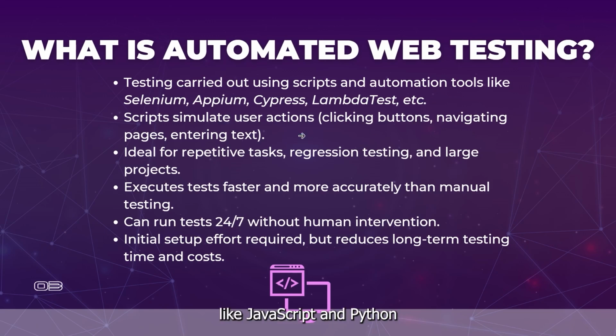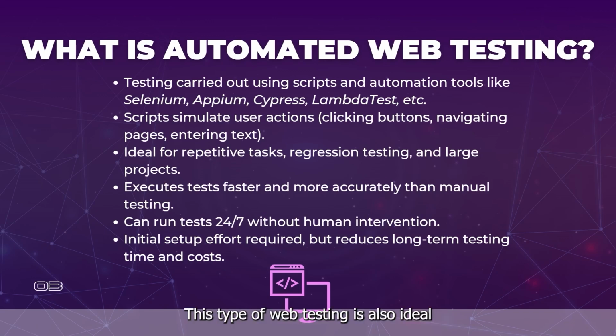These scripts simulate user actions. Clicking buttons, navigating pages, entering text, or scrolling through pages are just some of the user actions that these scripts and automated web testing can emulate.